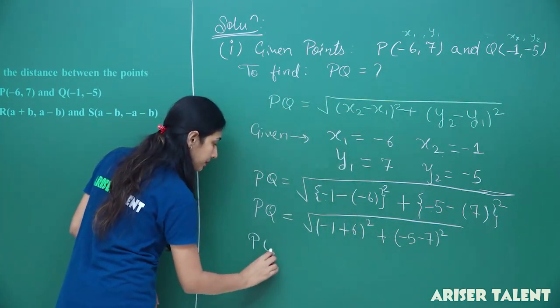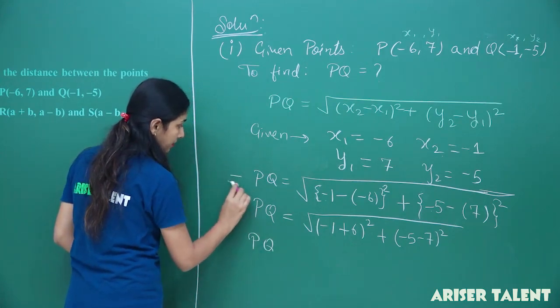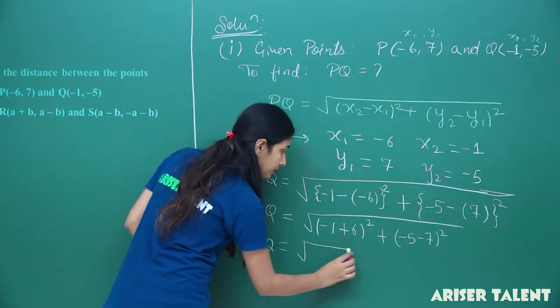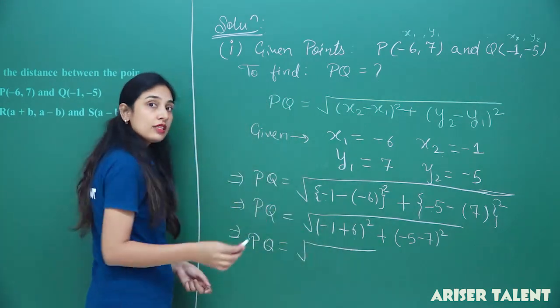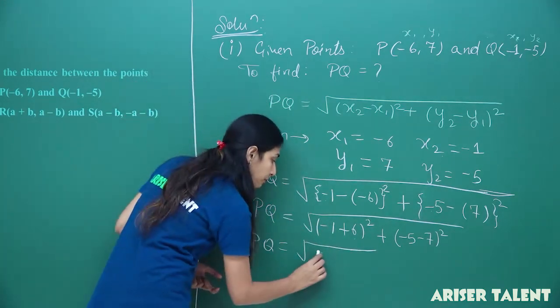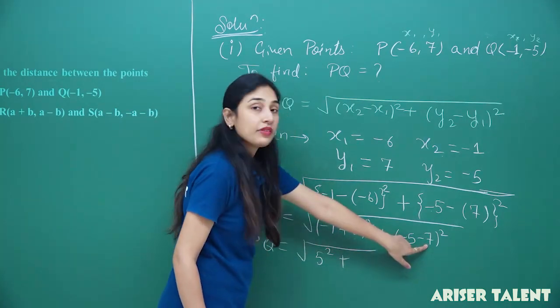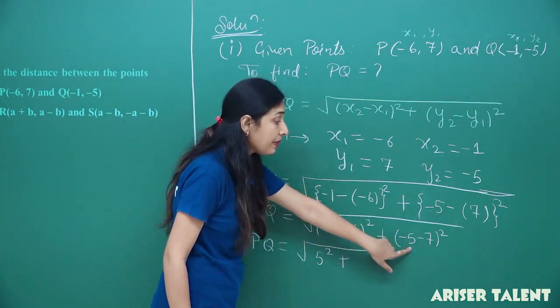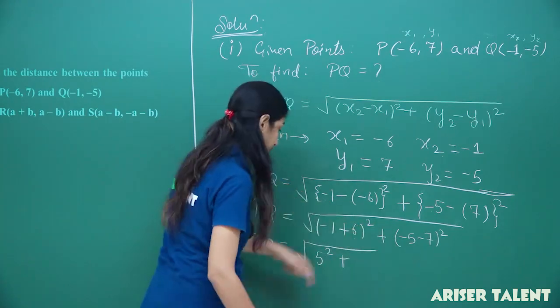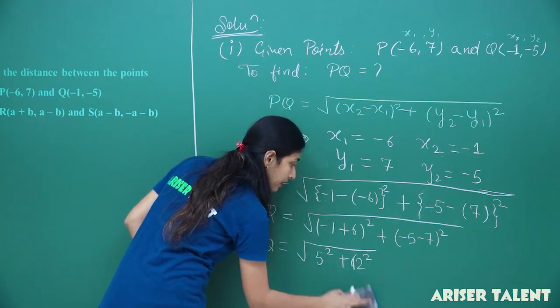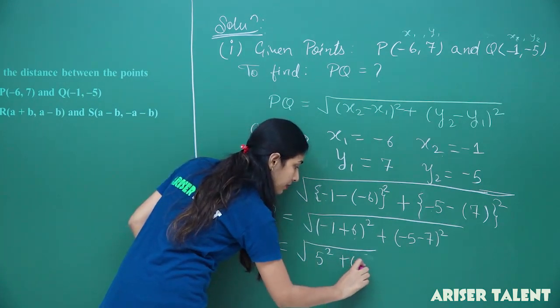That implies PQ will be equal to 6 minus 1, which is 5 square, plus minus 7 and minus 5, minus 12 square.